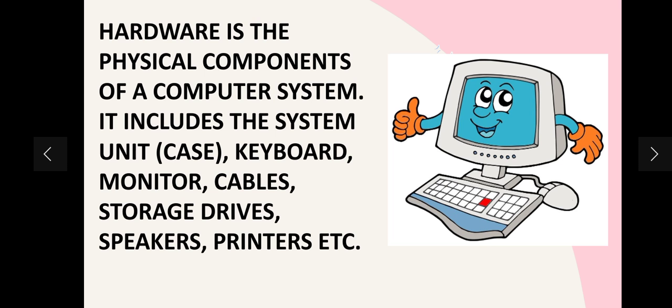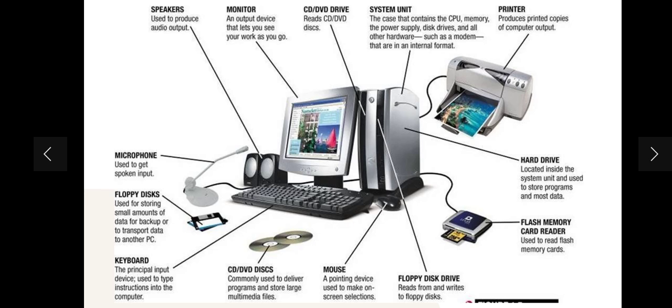And also, we said that the hardware is the physical component of a computer system, and this includes the system unit, the keyboard, the monitor, the cables, the storage devices, the speakers, the printers, etc. The diagram on the screen is showing and identifying the hardware components of a computer system.